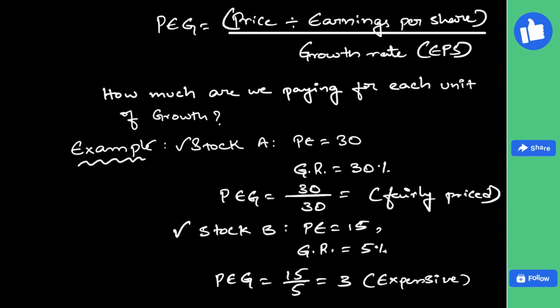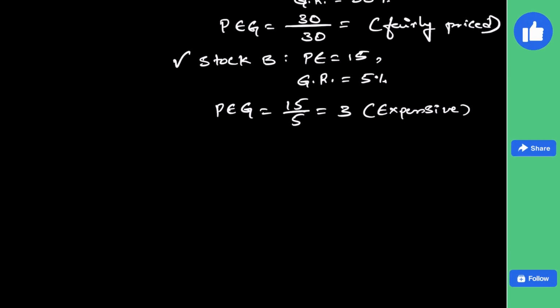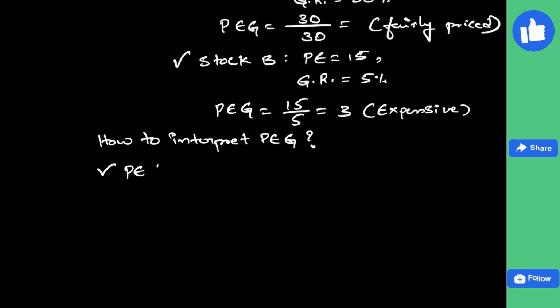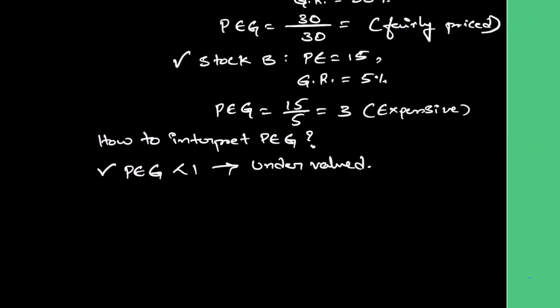Now let's see the basic general interpretation of the PEG ratio. One, PEG less than 1: we say the stock is undervalued and growth justifies the price.